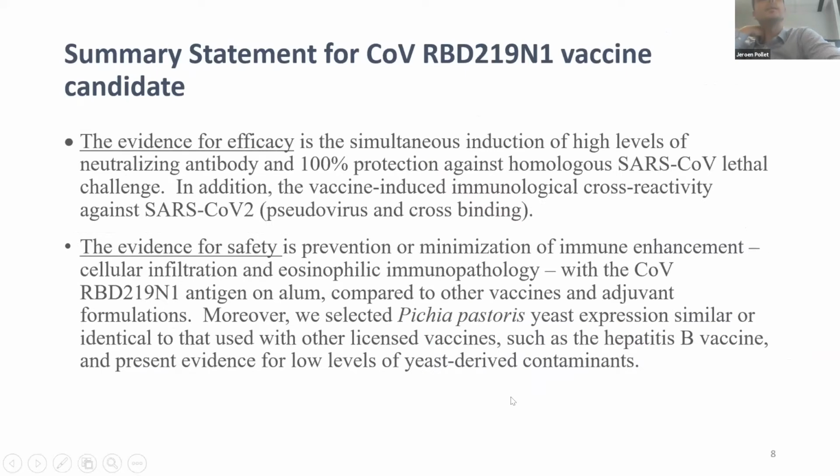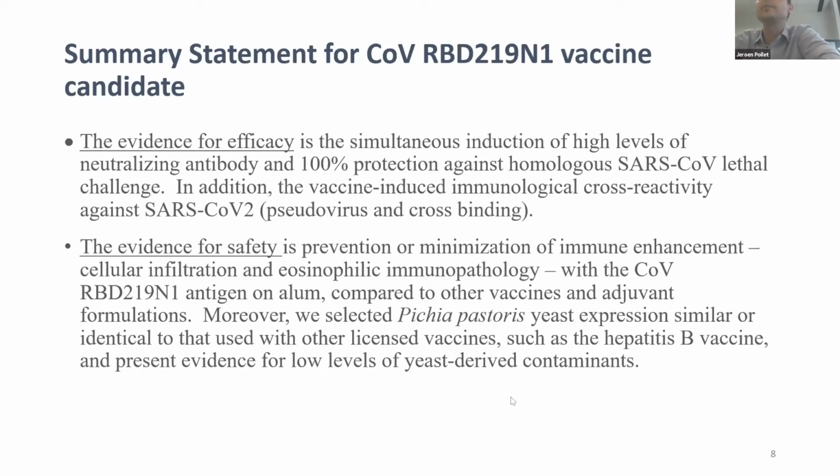So, a summary statement for the first vaccine candidate we have: I think we have some good evidence that this type of vaccine with the aluminum and recombinant protein can lead to 100% protection against coronavirus like SARS. And we have some good initial data showing that there could be cross-protection with the new coronavirus. And of course, we need to show that now in animal models.